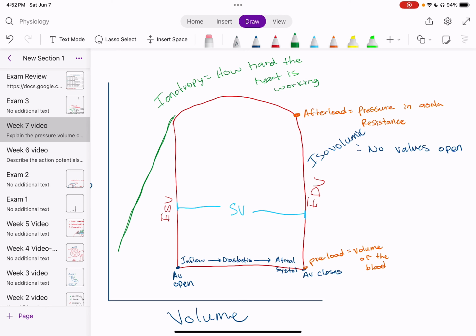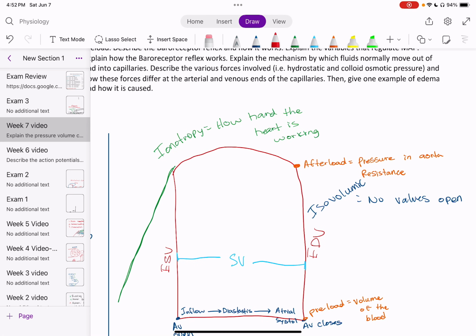Or something else we can refer to it as is elasticity. And the formula for this is the change in pressure over the change in volume. The opposite to this is compliance. Compliance is change in volume over the change in pressure.